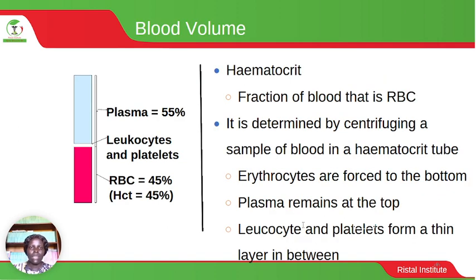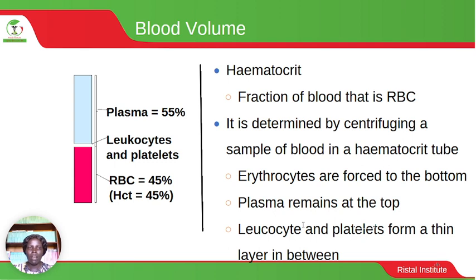So let's look at blood volume. Right there we have a figure which shows the plasma, and the plasma is said to contain up to 55% of the total blood volume. Then we have the leukocytes and the platelets, which, in simple terms, we can say are the white blood cells.